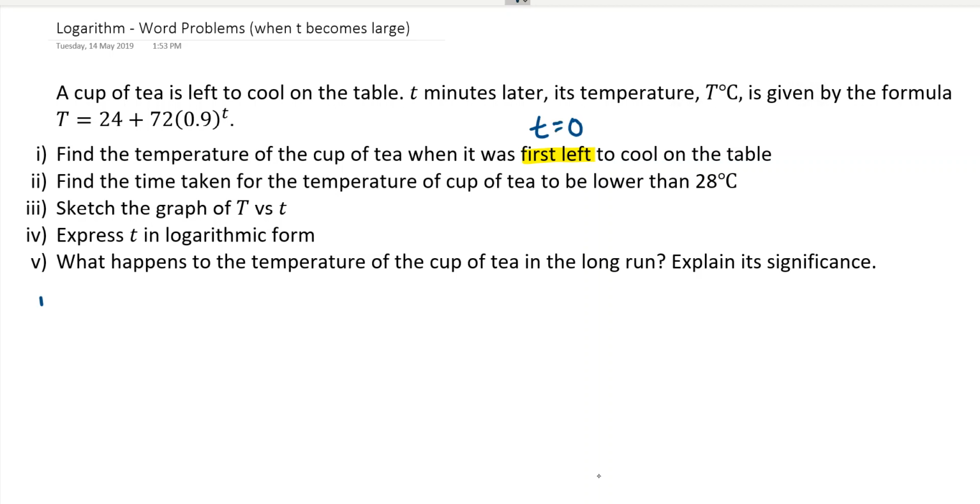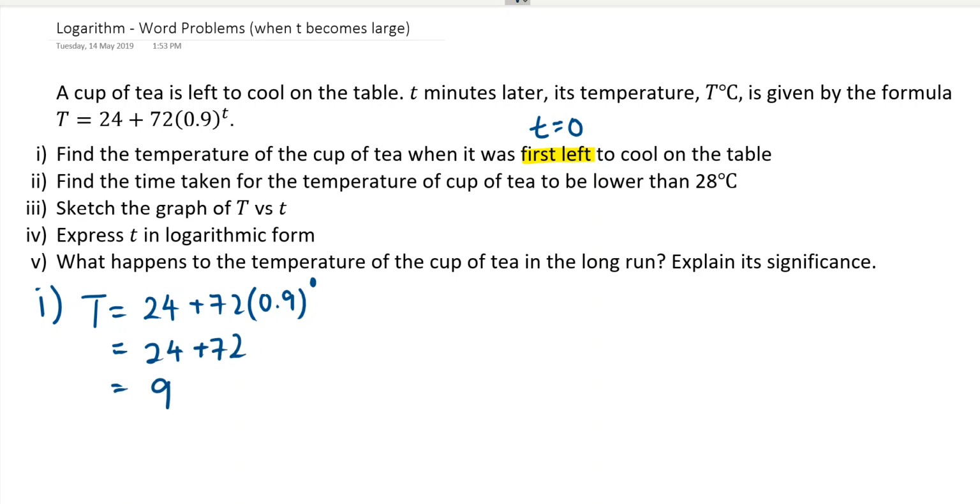So for part 1, I will have big T is equals to 24 plus 72, 0.9 to the power of 0, so this would be equals to 24 plus 72. You realize that the way I present, I will only write the units at the end. So at the start it is 98 degrees Celsius.